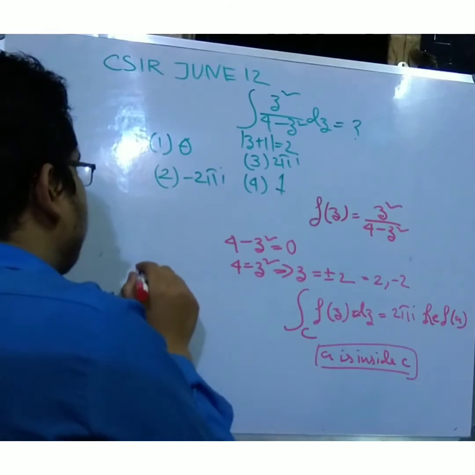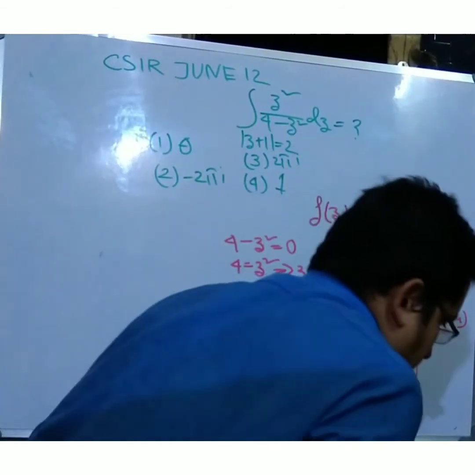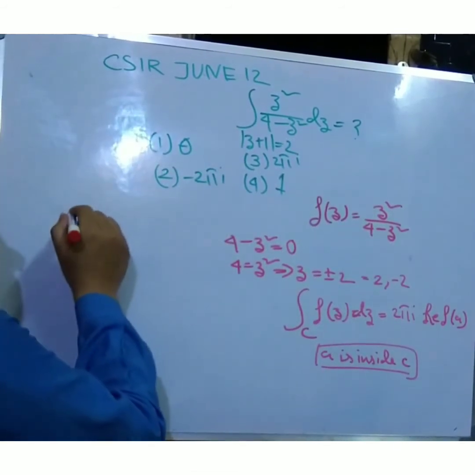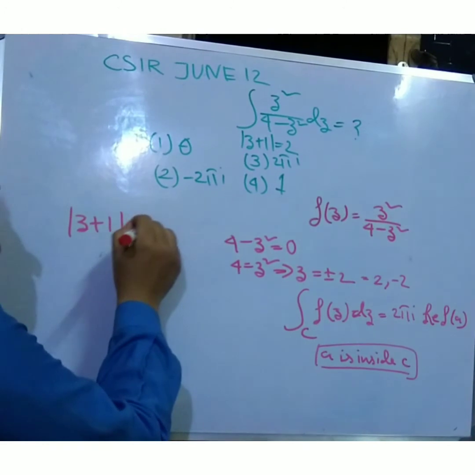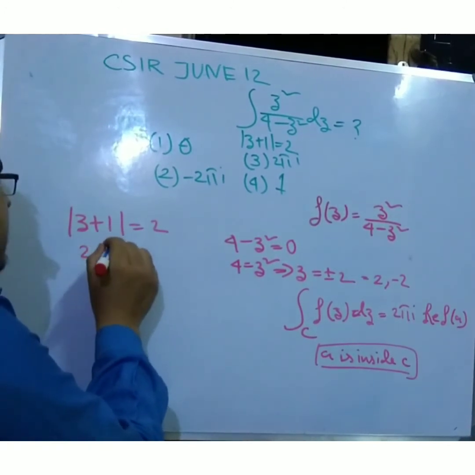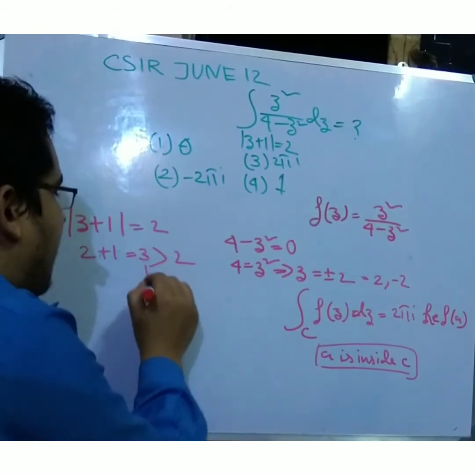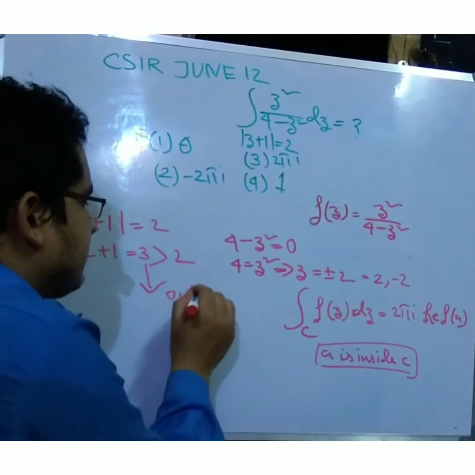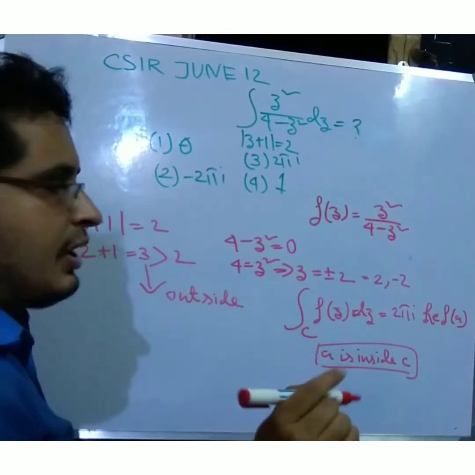Now I put this value here: mod of z plus 1 equals 2. I put 2 plus 1 equals 3, greater than 2, so it is outside. So the residue value is 0.